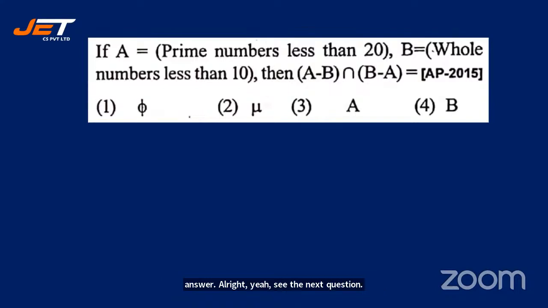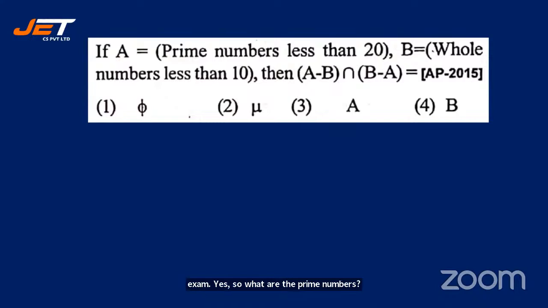If A is equal to prime numbers less than 20, B is equal to whole numbers less than 10, then A minus B intersection B minus A is dash. So this question was asked in the year 2015 in your exam. All right. Yes. So what are the prime numbers which are less than 20?